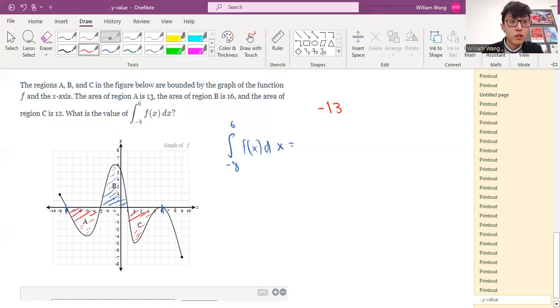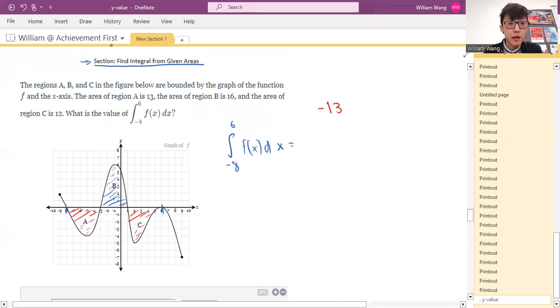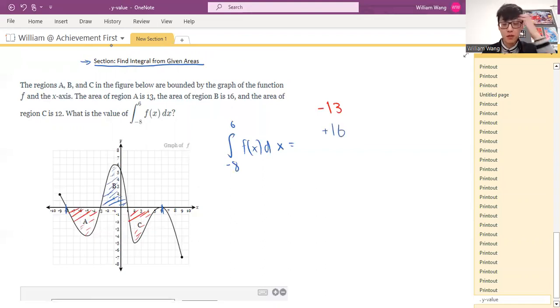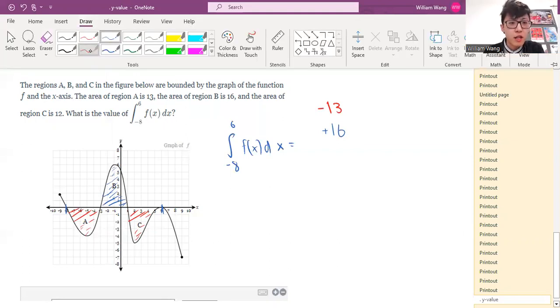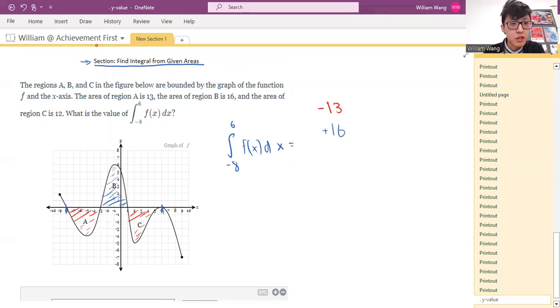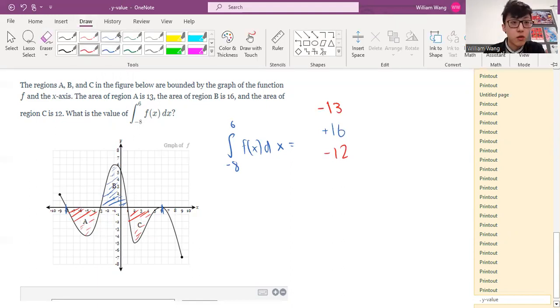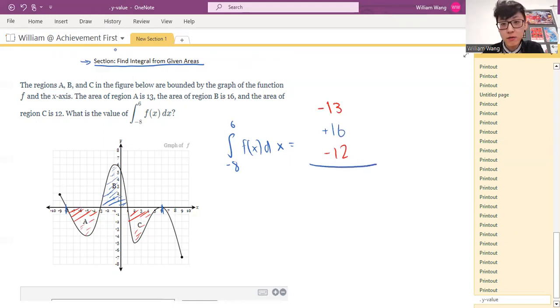I am also going to add in area B, which is 16, and it is positive area, so I'll say plus 16. All right, finally, my final area that I'm going to take into account is area C, which they said is 12, but it is, again, negative area because it's below the curve. Right? So that's how I would take into account and add these up for my integral.